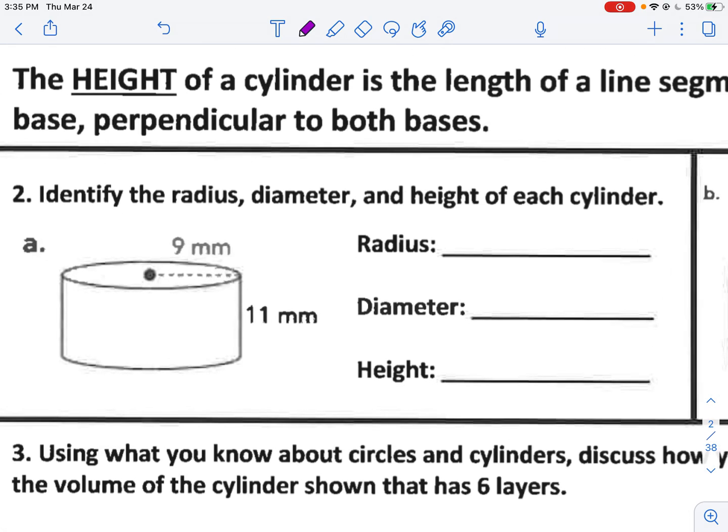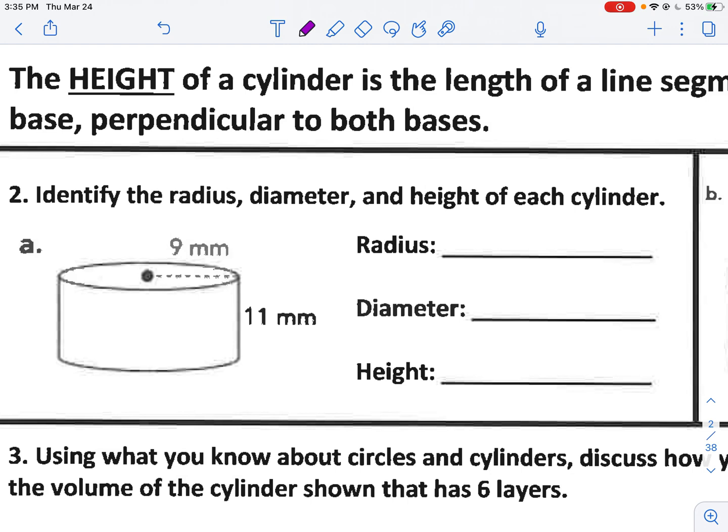So if I'm looking at this, the radius is halfway across the top. So this part right here is the radius, so 9 millimeters. Diameter would be all the way across. So this side right here is also 9 millimeters. So that gives me a total of 18 millimeters.